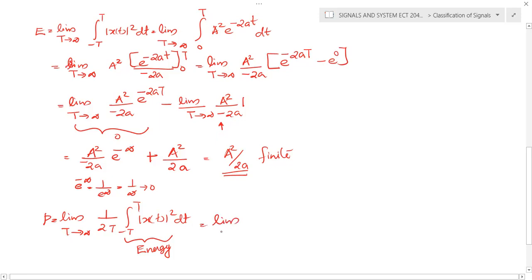So limit T tending to infinity, 1 by 2T, integral 0 to T, a square e raised to minus 2at dt. After simplification, we'll get an equation like this, and you can substitute this portion directly.